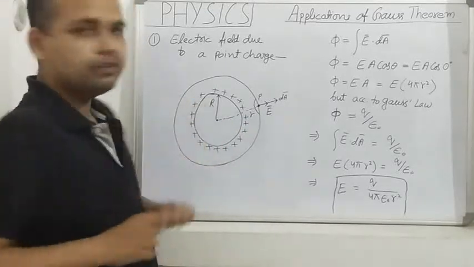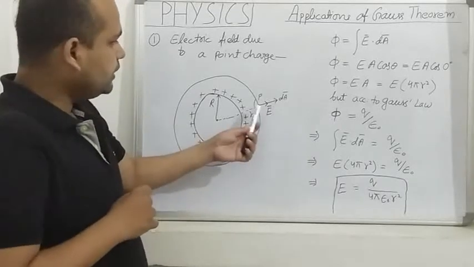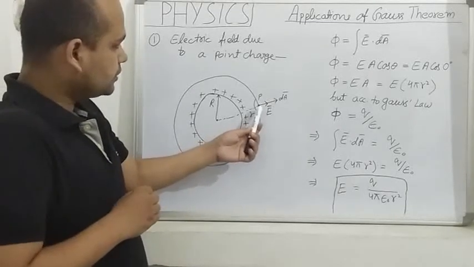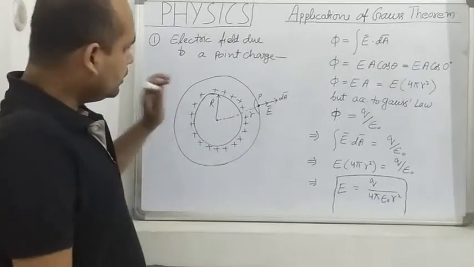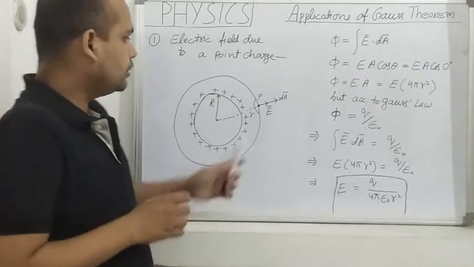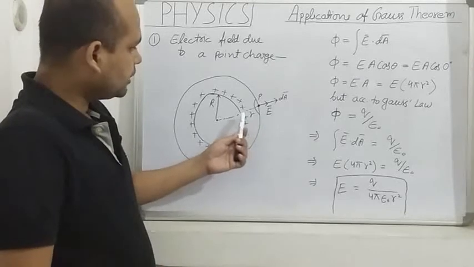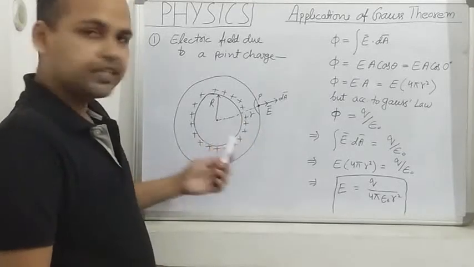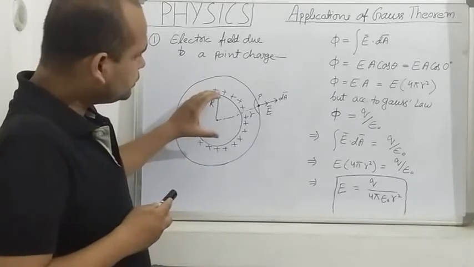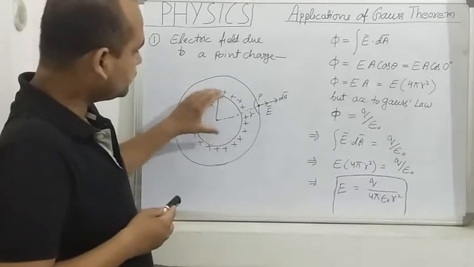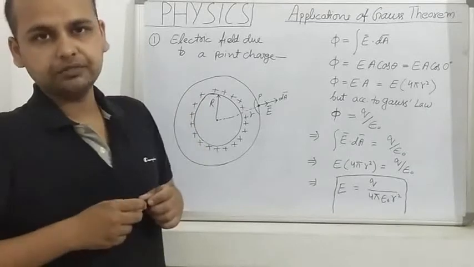The same thing will apply. The point P, which is situated outside the spherical shell, that is at a distance small r from this spherical shell. Now what will happen? We will assume or consider the spherical shell to be a point charge only.